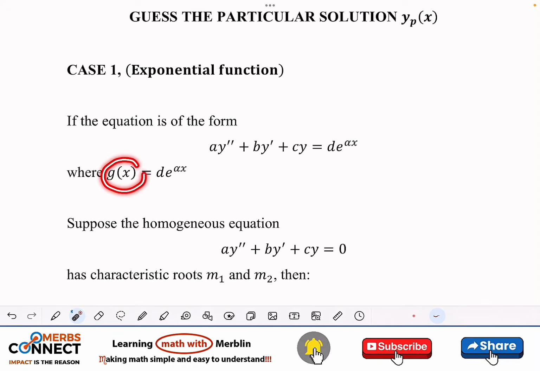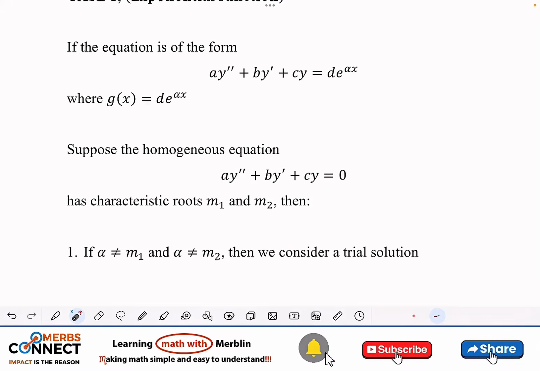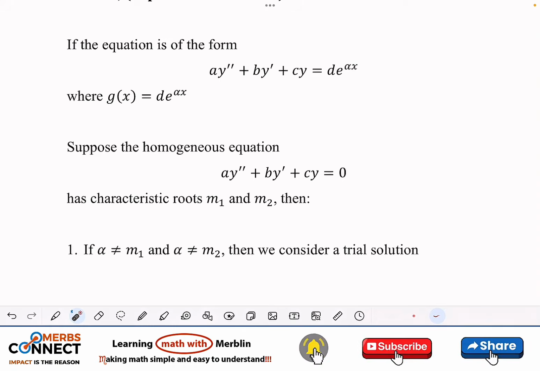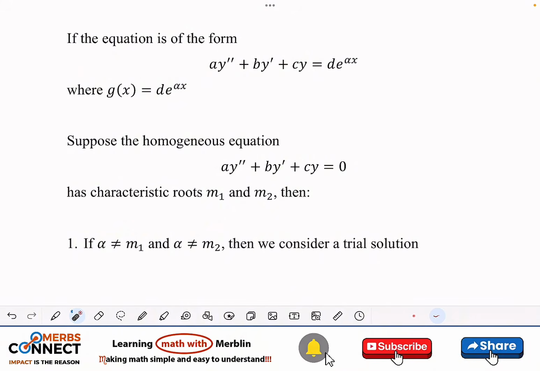So here we can see that g of x is equal to what is here. The first thing we need to do is suppose that this is equal to 0, what we learned. Then we assume that m1 and m2 are the characteristic roots. If that's the case, and this is the exponential function, now we are going to look at this alpha here, which is the coefficient of x.